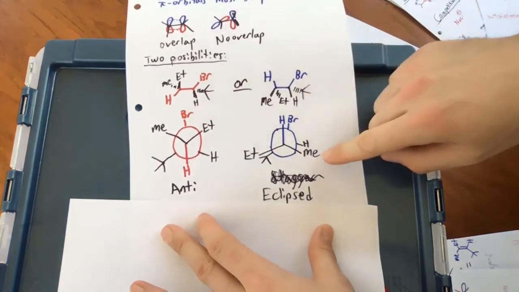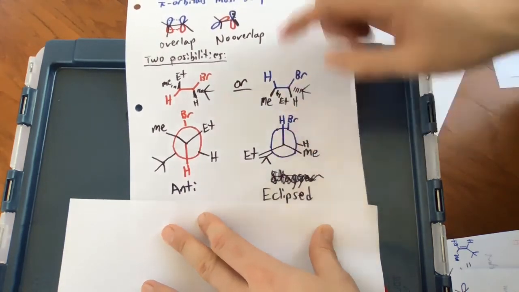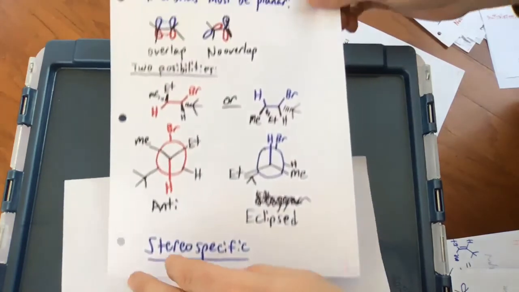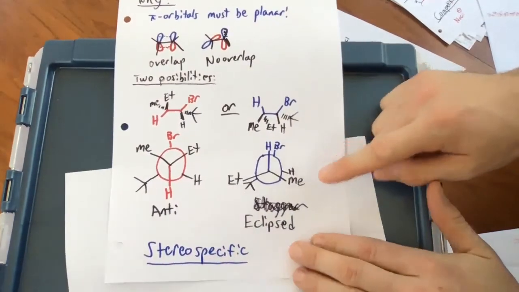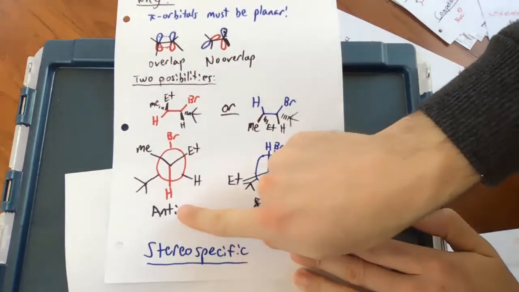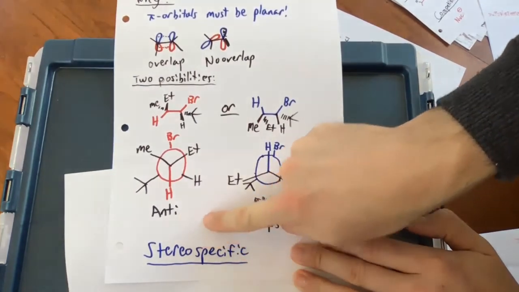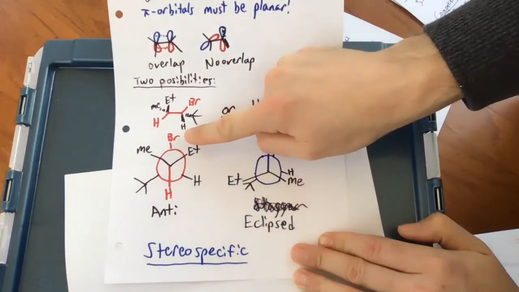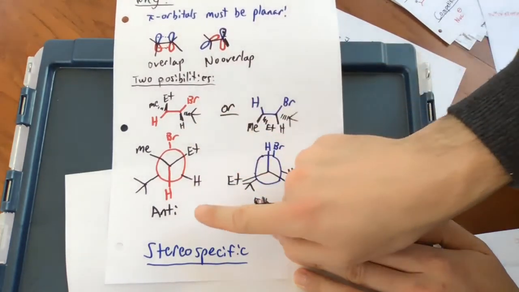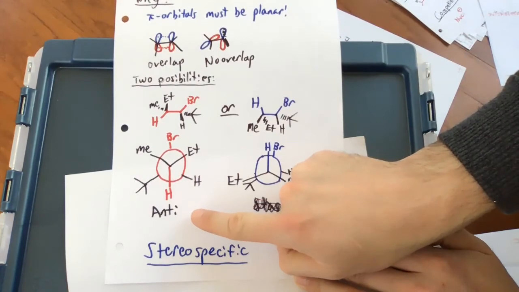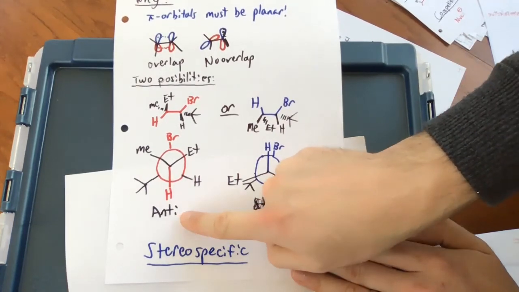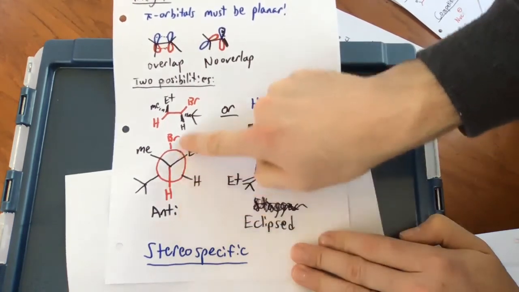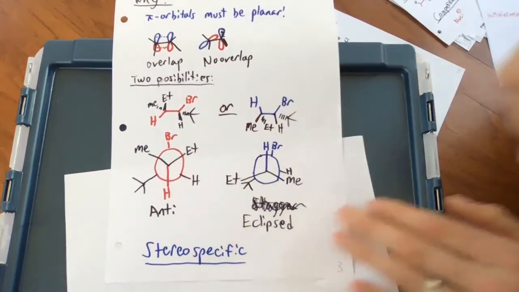And because eclipsed is so much higher in energy than the anti, we can say for sure that this reaction is stereospecific in that the anti conformation will always be preferred. So if you have one proton and one alkyl halide, you can only have elimination in an E2 fashion if you have an anti-periplanar or anti-planar type of configuration.